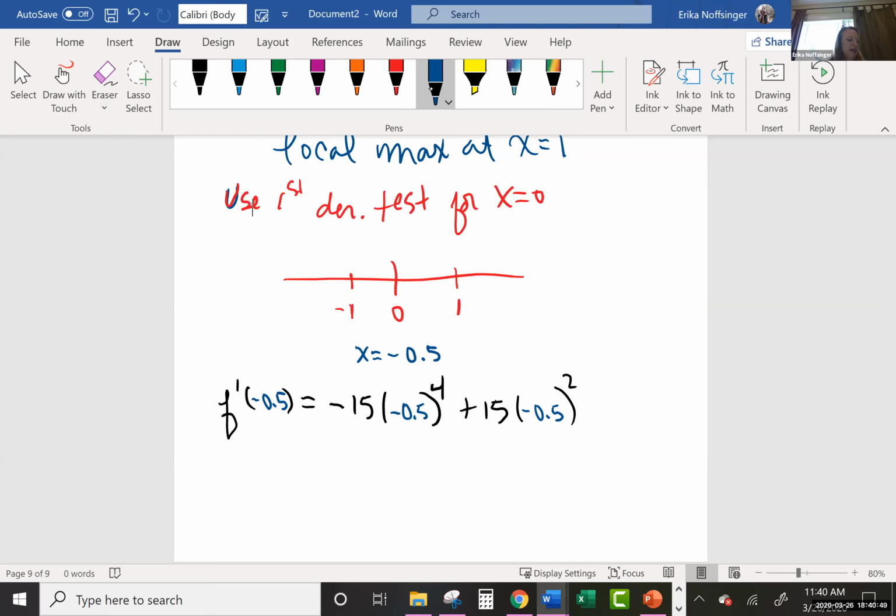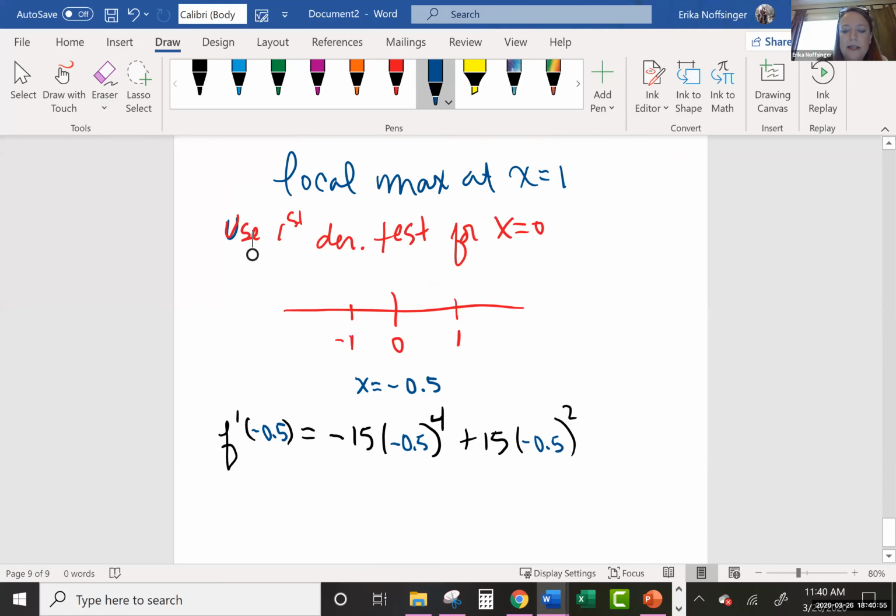If we do this, we get that this is approximately 2.8, which is greater than 0. And so this is increasing.